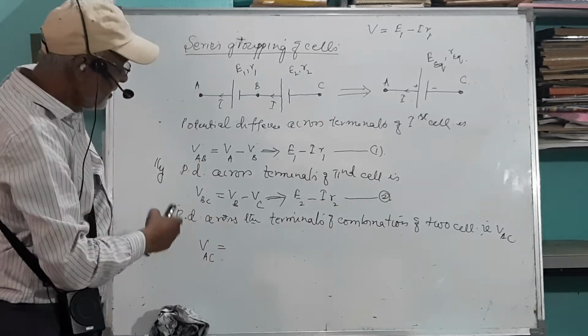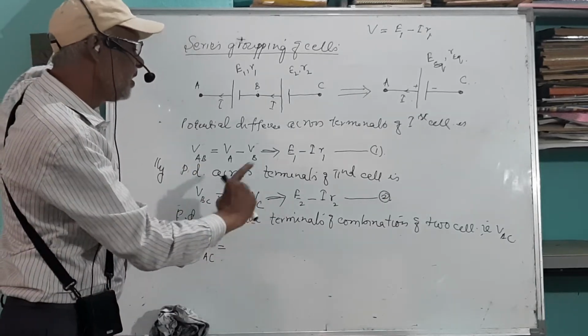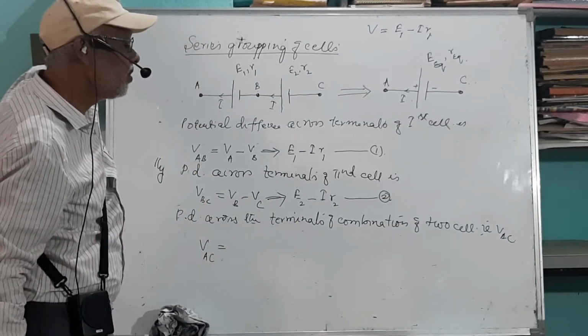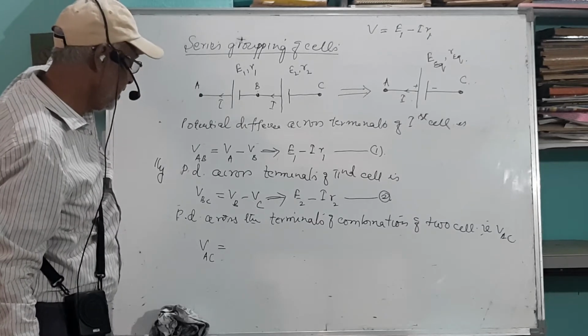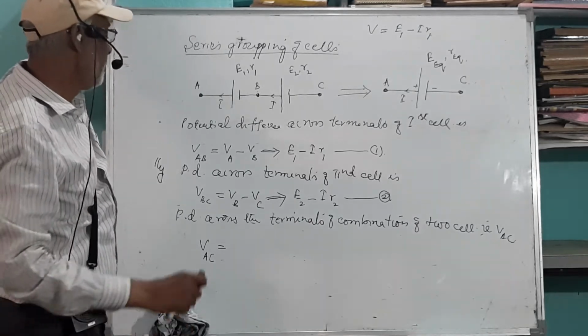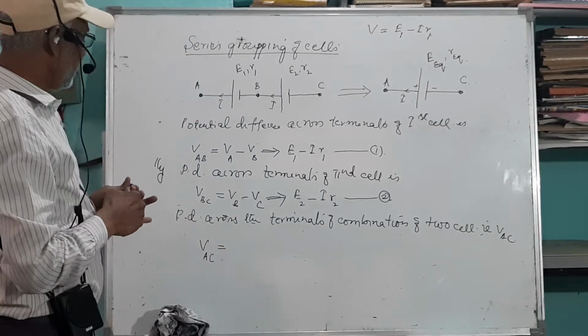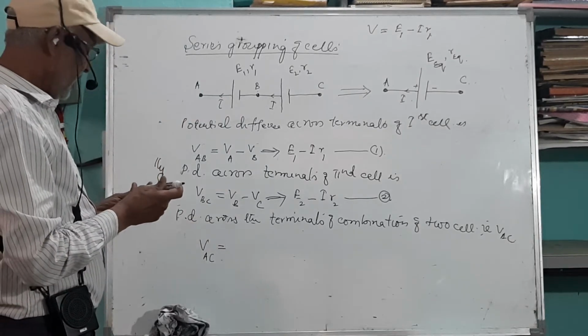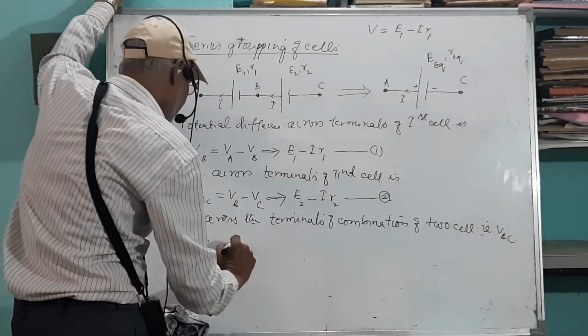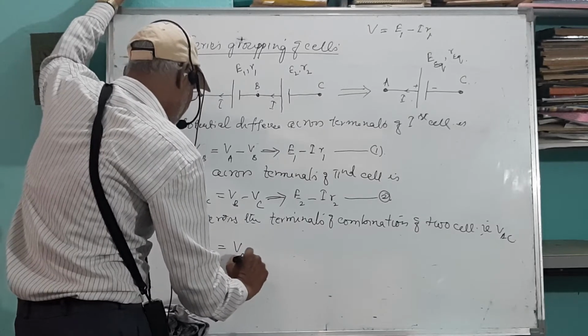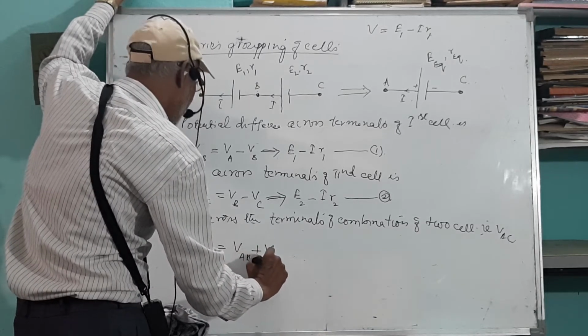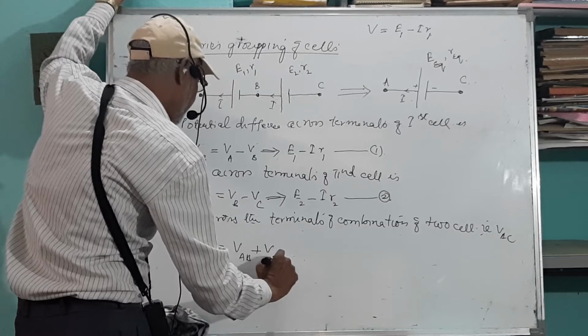Now the third step is the potential across the terminals of the combination of two cells, that is across AC, which we can write as VAB plus VBC.